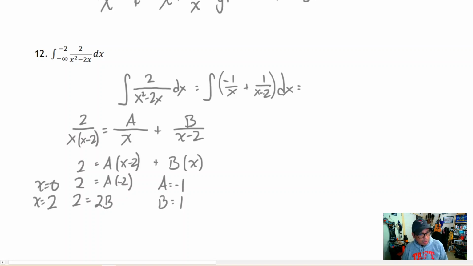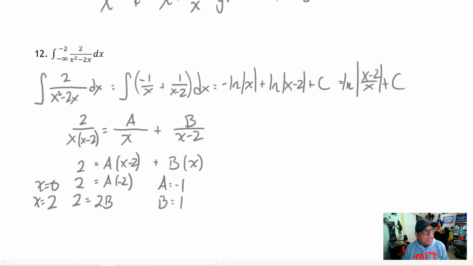However, there really isn't a whole lot to worry about with this one in particular, because when u equals x, this antiderivative is just the natural log of x, and if u equals x minus 2, then du is equal to dx. There's a pretty clean substitution there. So this antiderivative is just the natural log of x minus 2 minus the natural log of x plus a constant, and that simplifies to the natural log of x minus 2 over x plus a constant.